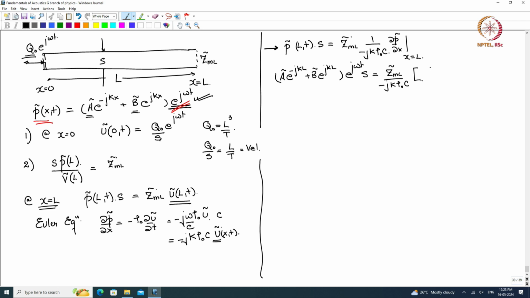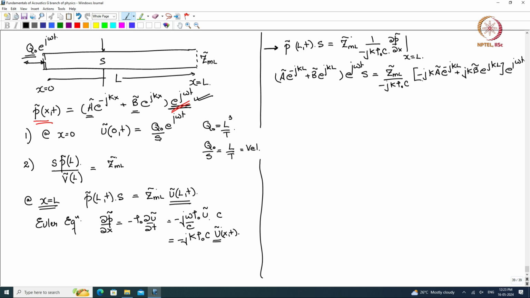So del p del x is minus j k A tilde e to the power of minus j k L plus j k B tilde e to the power of j k L, and I'll keep the time, I said.